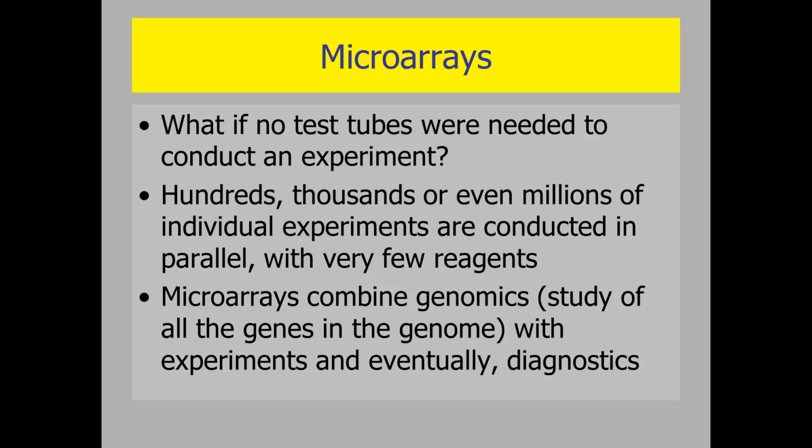Microarrays are a way of doing this. They combine genomics, which is the study of all the genes in the genome, with experiments, and eventually can be used for diagnostics.